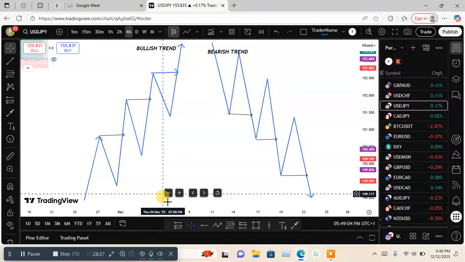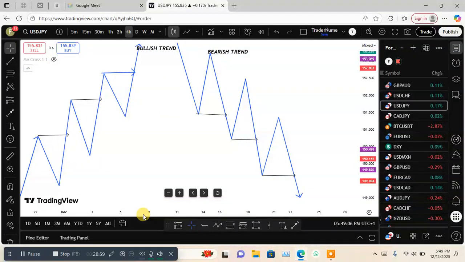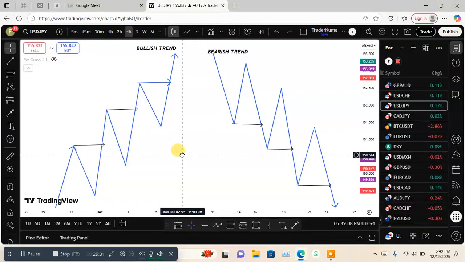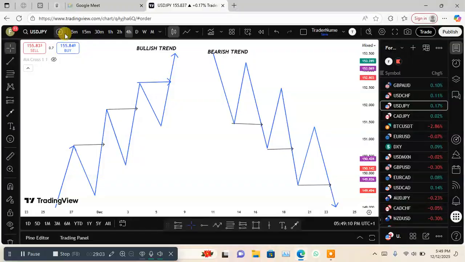So inside the trend we have two trends. We have the major and the minor. The minor comes from the smaller time frame. So the minor trend is inside the major trend.